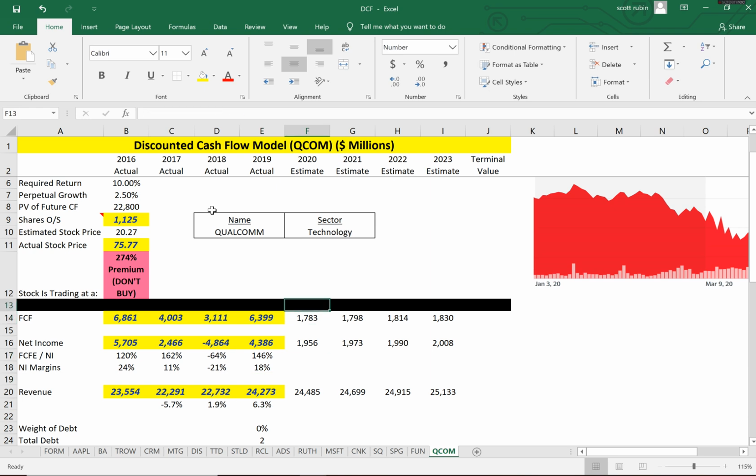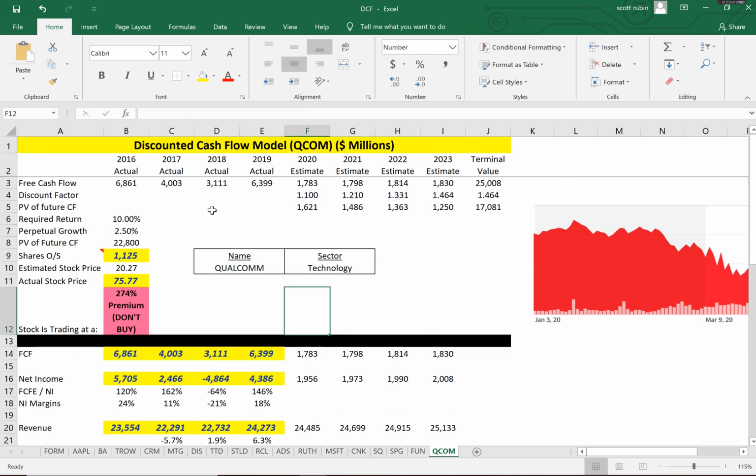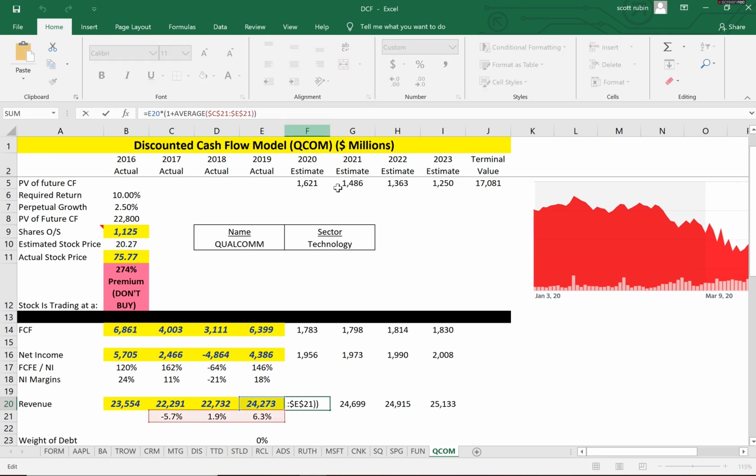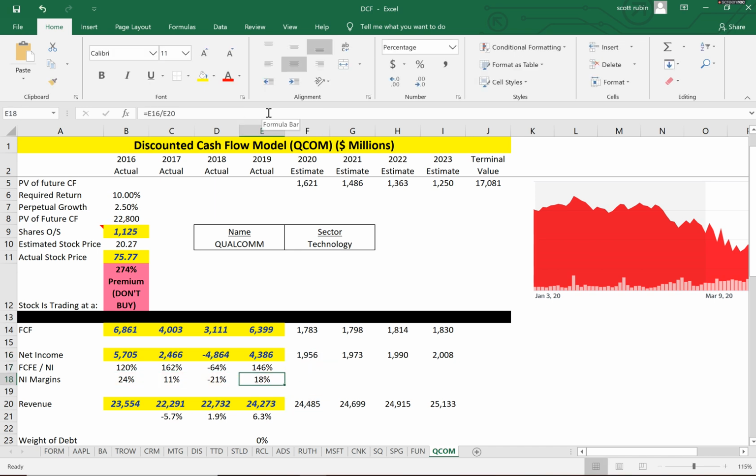And the way we calculate free cash flow is it's kind of a function of revenue and historical revenue and your margins, your net income margins. So I calculate a revenue by taking prior year revenue times the average revenue growth for past 3 years. And then I got my net income by taking that revenue number and taking the average net income margin. Net income margin is net income over revenue.